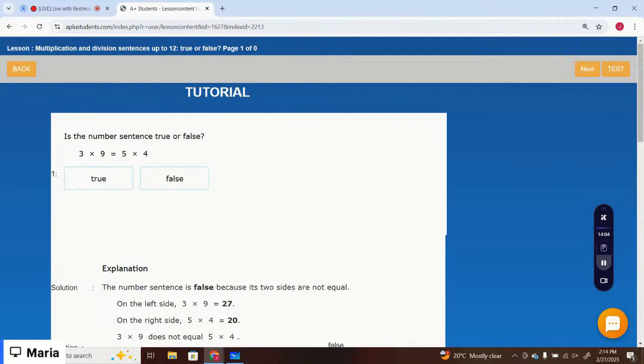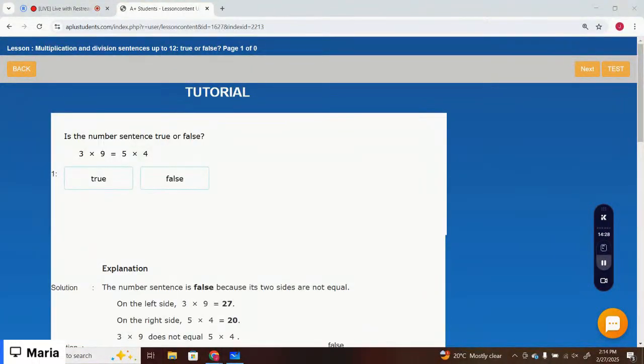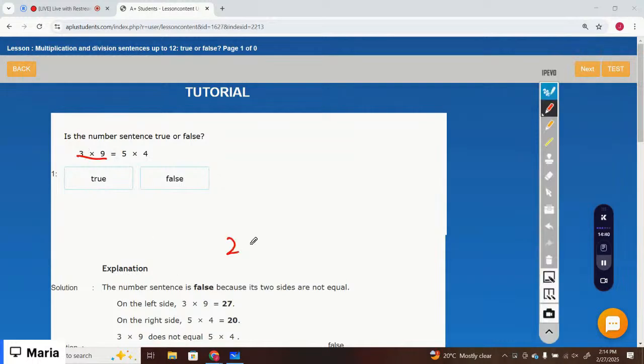Is the number sentence true or false? 3 times 9 equal 5 times 4. So let's just solve both sides. 3 times 9 is 27.